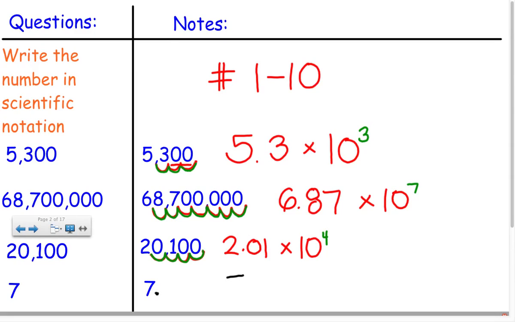So we can still write 7 or 7.0, if you want the decimal in there, either way is fine. Times 10. Even though 7 is not as big as the other ones, it's still considered a big number because it's higher than 1. And I didn't move the decimal at all, so I can put times 10 to the 0, which anything to the 0 power is 1. 7 times 1 is 7. So that would still get us what we started with.